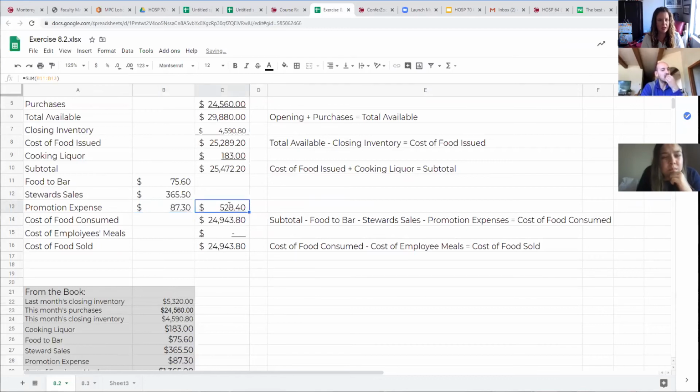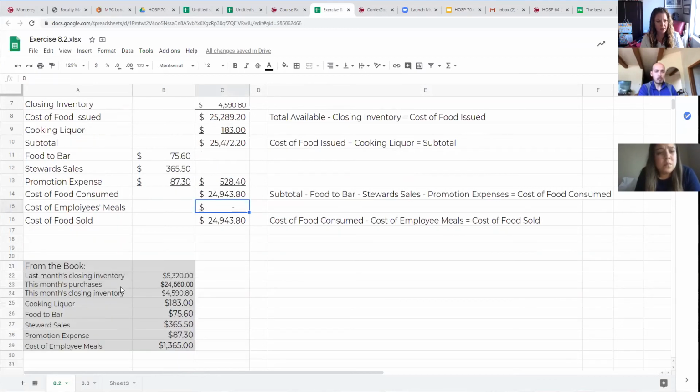So if you look at this number, this is the total of these three. The food to the bar, you're taking away. Your steward sales, you're taking away. Your promotional expenses, you're taking away. So all of these, the 528, you're going to subtract. We're going to take our subtotal and subtract the food to the bar, the steward sales, and the promotional expenses.